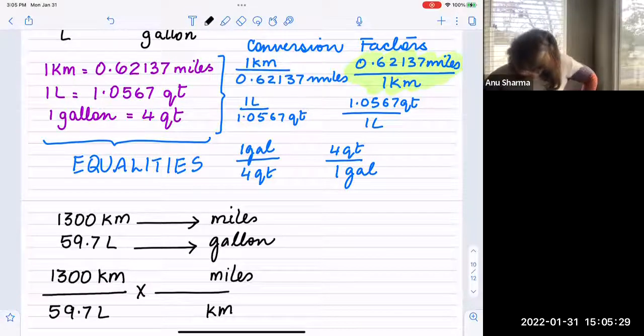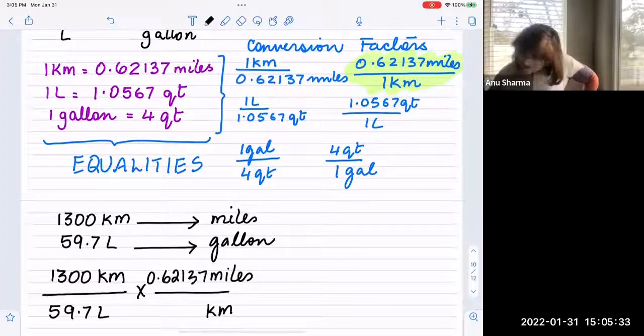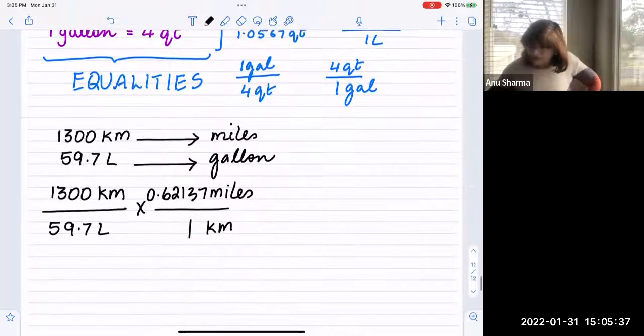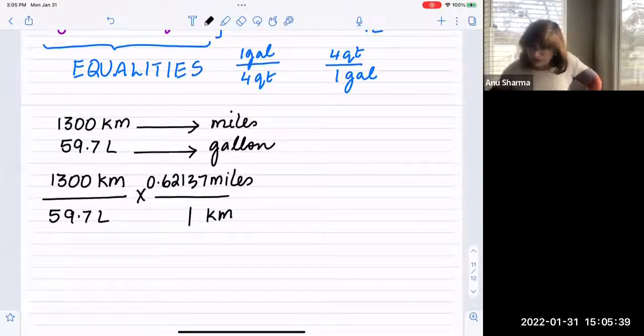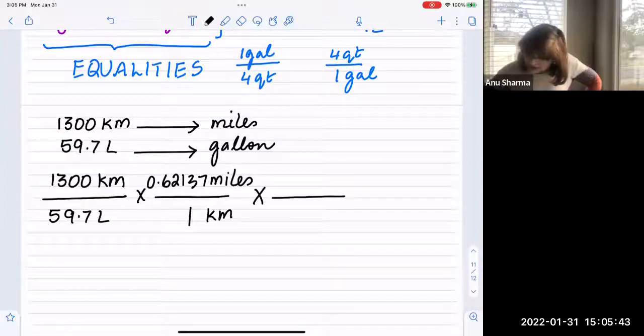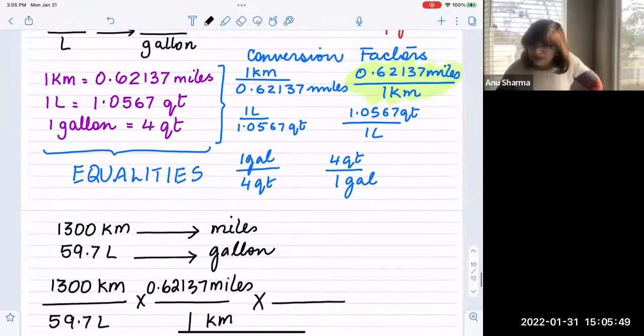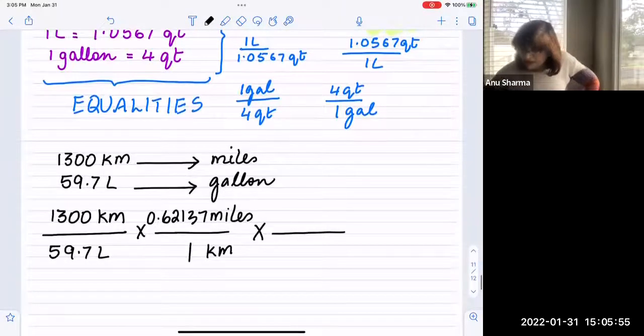So here is 0.62137 miles over 1 kilometer. Okay, so that converts the kilometers to miles, but we can continue further because now we need to convert the liters to gallons. So there's no direct conversion. We see that the liters need to be converted to quarts, and then the quarts convert to gallons, and gallons need to be in the denominator.